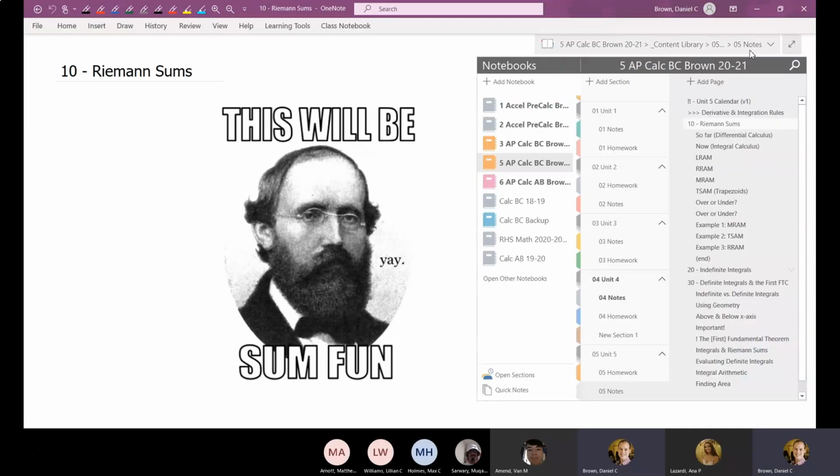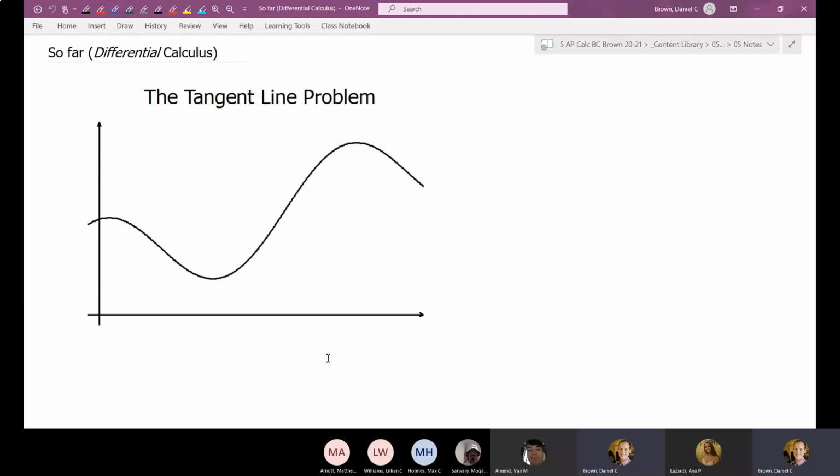I mentioned previously that there's really 2 main topics in calculus. The first one is one that we've already looked at: differential calculus, which is calculus that deals with derivatives. And if we think all the way back to August, this idea of the derivative came from a secant line, the slope between 2 points on the graph. Using our idea of limits, that secant line can become a tangent line.